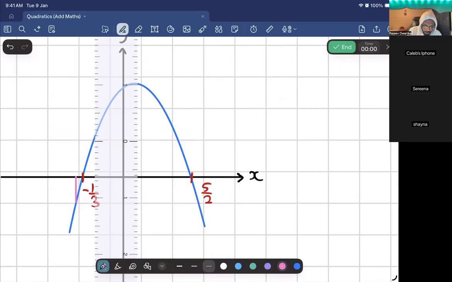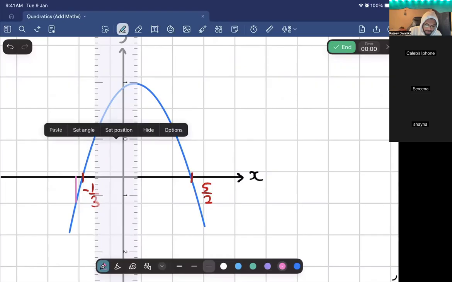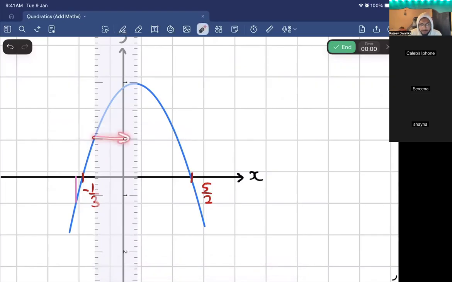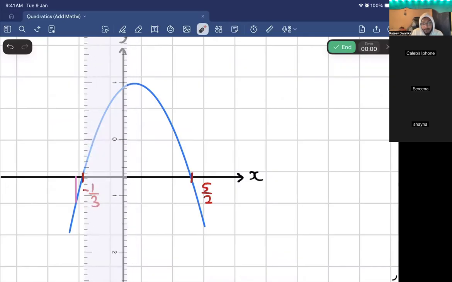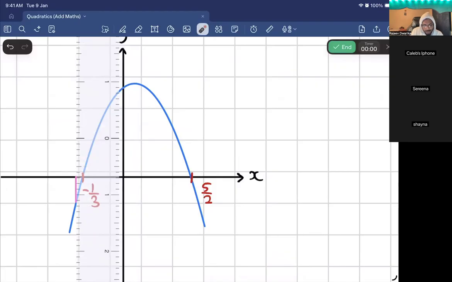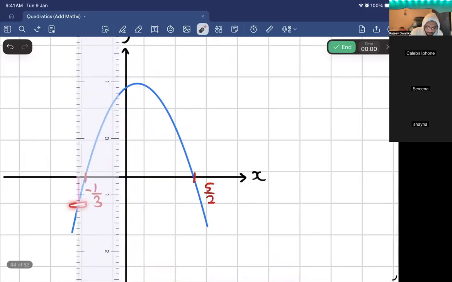So when x is in between minus a third and 5/2, can we see that it has a positive read-off? Yes, sir. Okay, I'm going to slide it past minus a third. Where is the ruler cutting the graph? Right here.